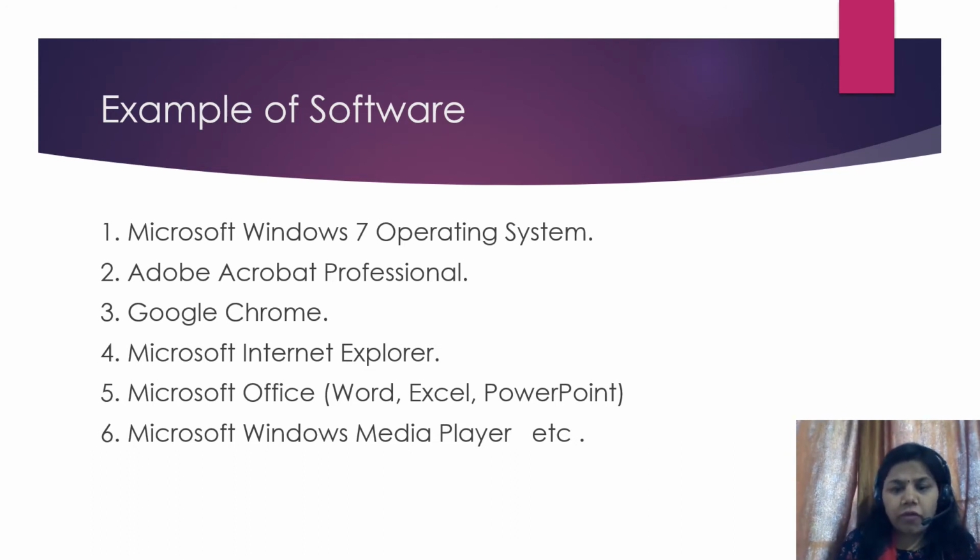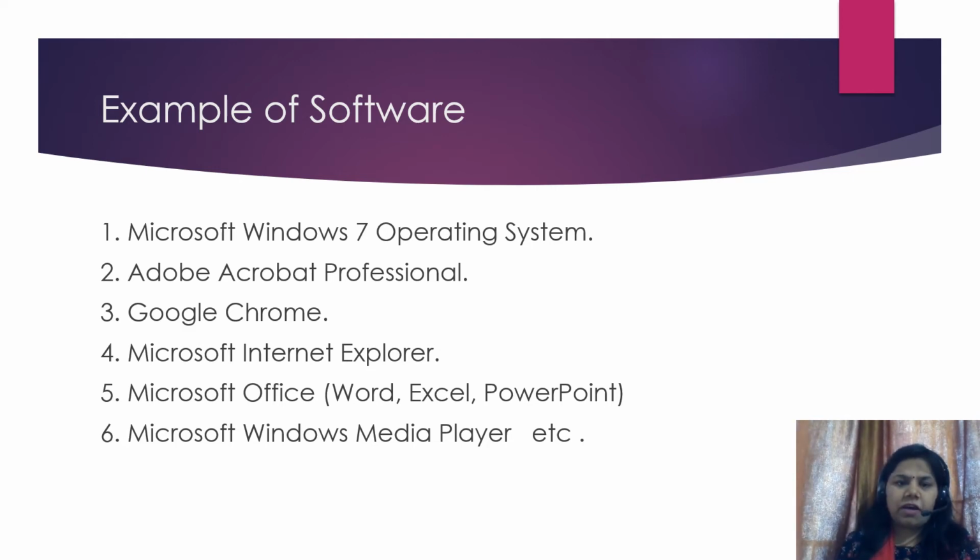Then Microsoft Office, where you work in Word, Excel, PowerPoint, all of which come in the Microsoft Office package. Then Microsoft Windows Media Player, which I was just discussing, in which you can listen to songs or watch movies. All these come under the category of software.